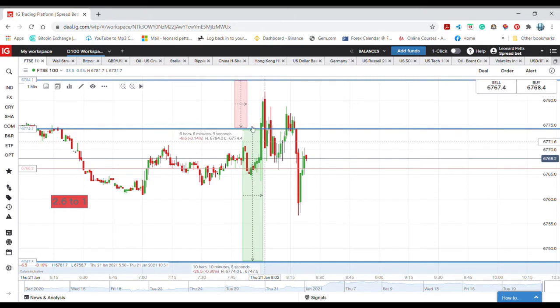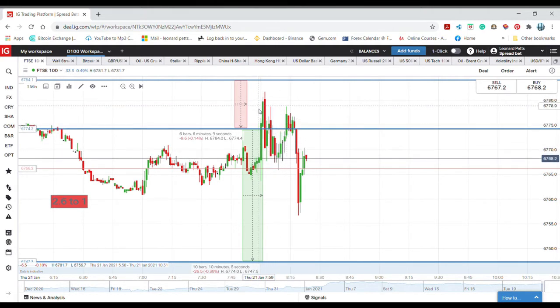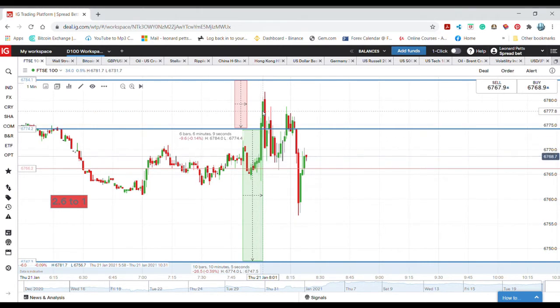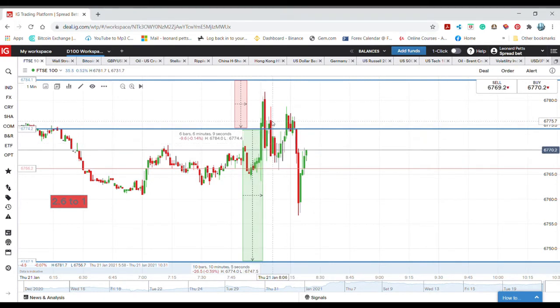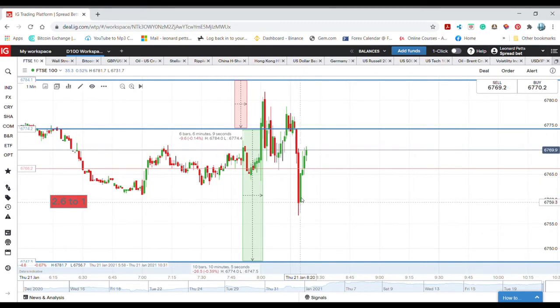Just looking at this in terms of Elliott wave, if this is an A, B, C, 1. No, so this will be your open is here. So it opens up, and then you've got 1, A, B, C, back up, 2, 3.